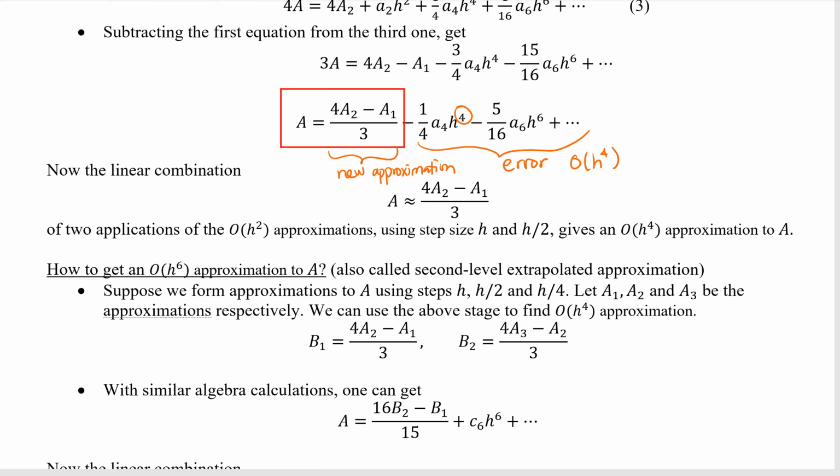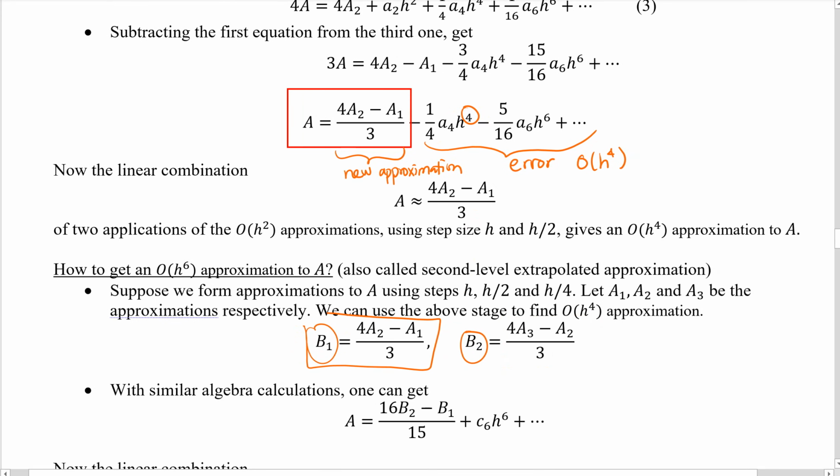Then we can use the above stage to find the fourth order approximation. So let B1 be 4A2 minus A1 divided by 3. This is the same thing as before, but we call it B1. For B1 we use A1 and A2. For B2 we use A2 and A3 to get the formula. So far so good, everybody?